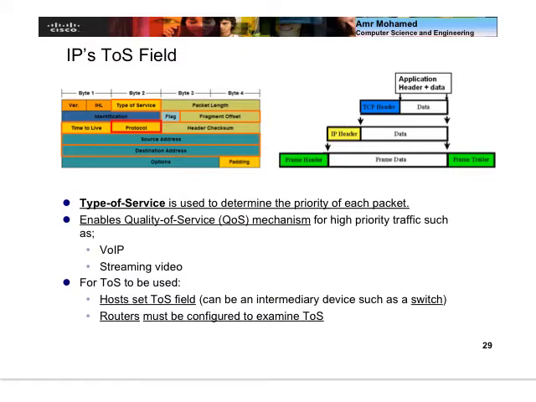There is online video, there is offline video, there is online data, there is offline data, there is banking data, there is different types of data. So this type of service is definitely not enough to have a good granularity in the sense of providing good quality of service. So that's one of the disadvantages of IP version 4, which has been resolved fundamentally in IP version 6, which we will talk about later.